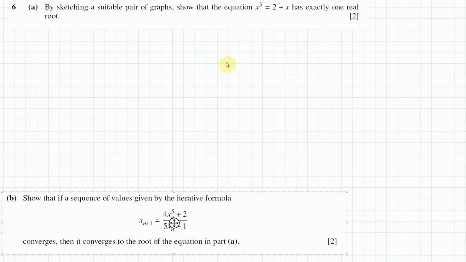Continuing to look through our prelim exam, and today we're doing this one here, numerical solutions of equations. I've got a suitable pair of graphs showing the equation x to the power of 5 equals 2 plus x has exactly one real root.